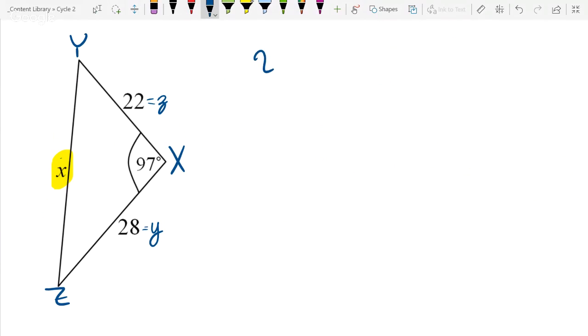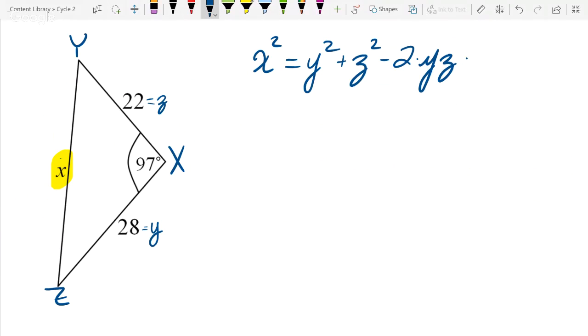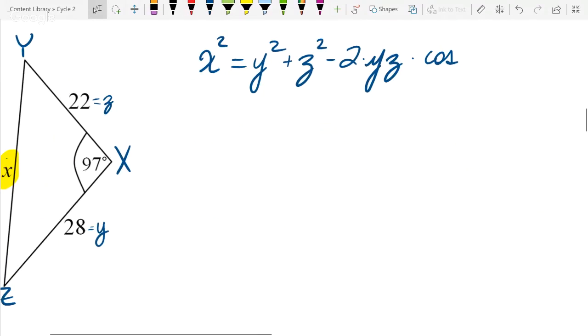X squared equals y squared plus z squared minus 2yz, I guess. And then I still cosine it. Always cosine. Times cosine, and then the big X. Very good.